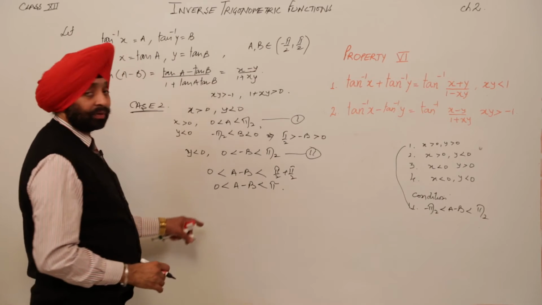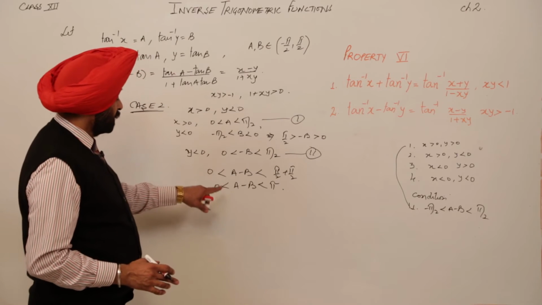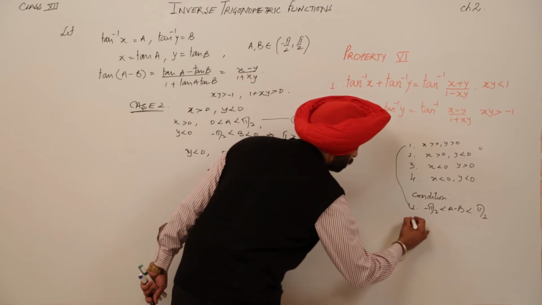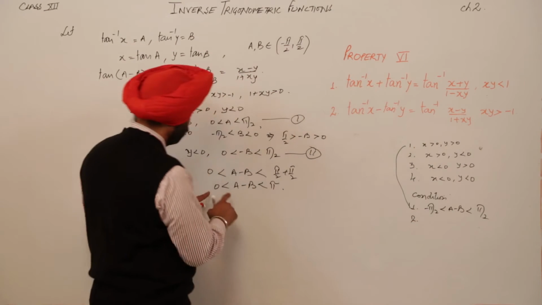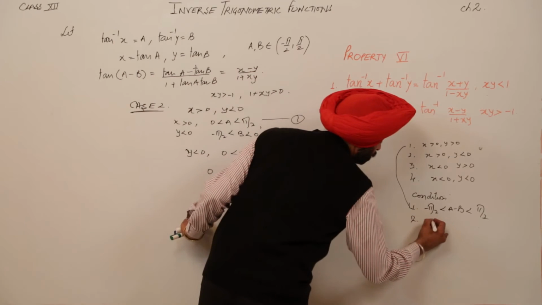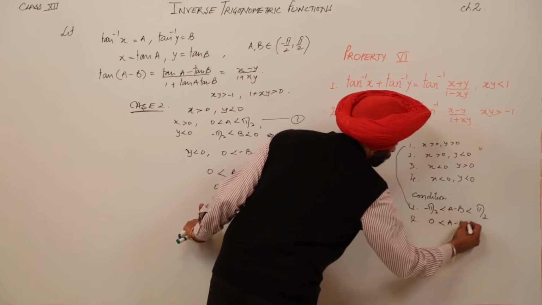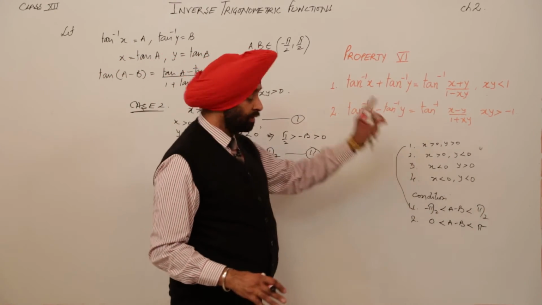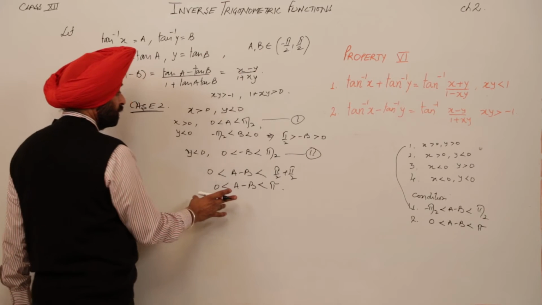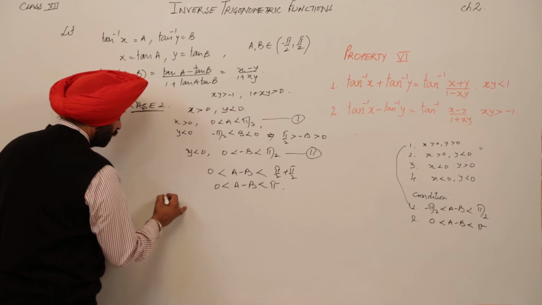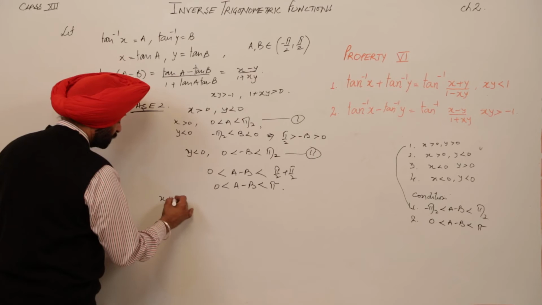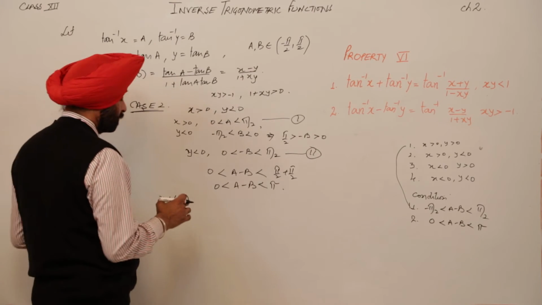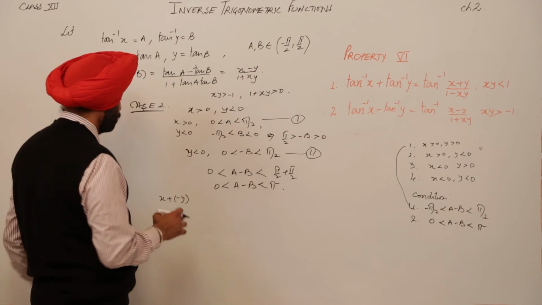So for this part we have a new condition, that is 0 is less than a minus b is less than pi. So for condition 2 I am writing 0 is less than a minus b is less than pi, just to check the difference. Now what to do for this part? Can we write x plus minus y here, because in the first step we also got x plus y.